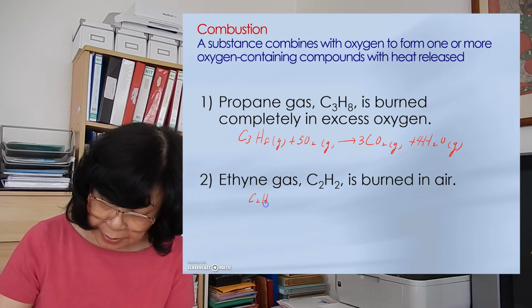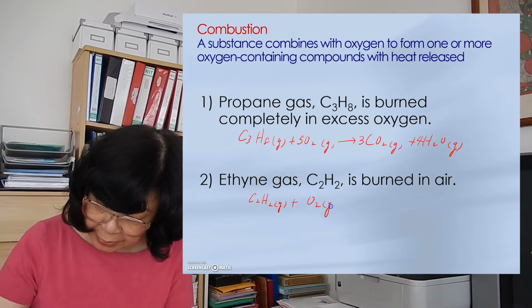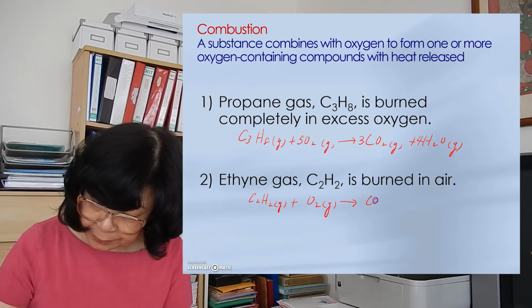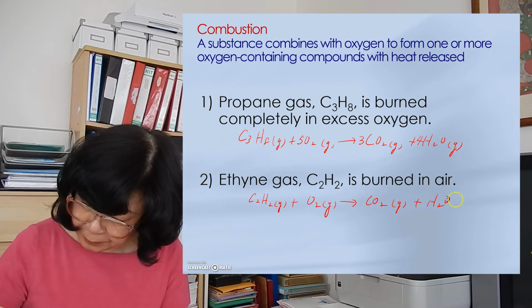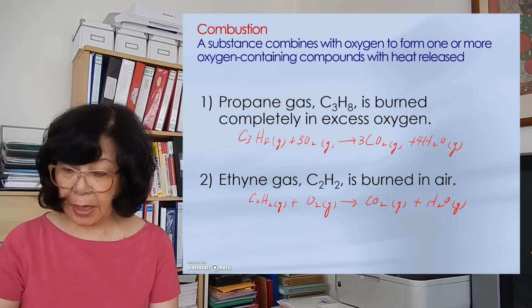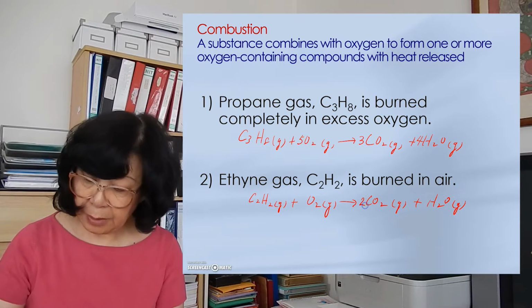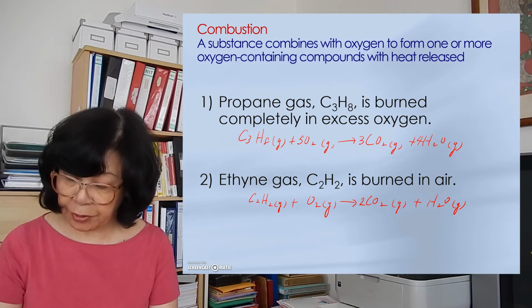So again, this is going to combine with oxygen, the diatomic molecule in the air, to form CO2 gas and water. The carbon, I need 2 carbon atoms on the right, so I insert a coefficient of 2.